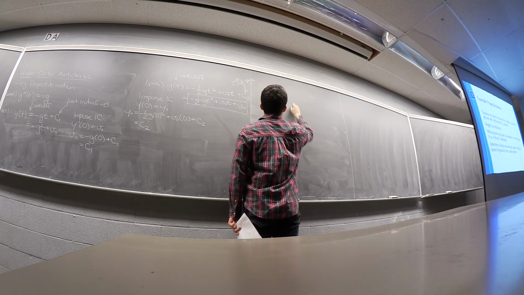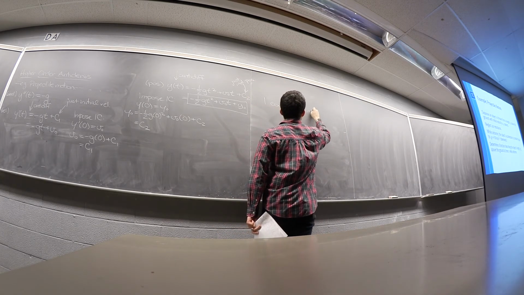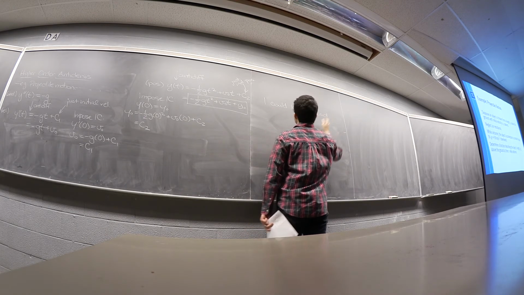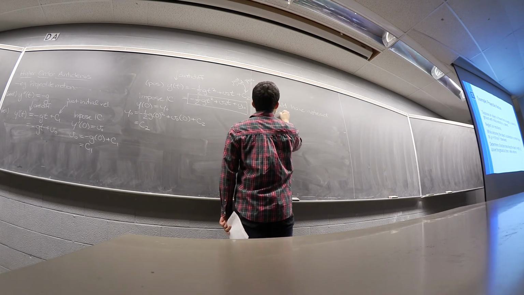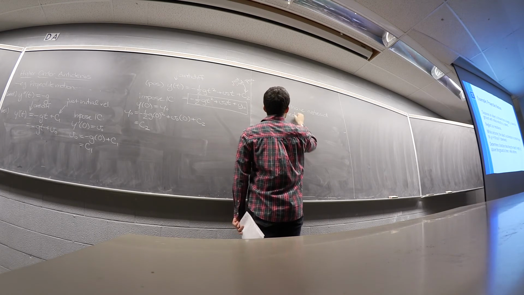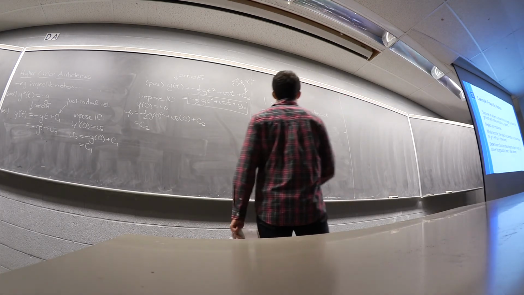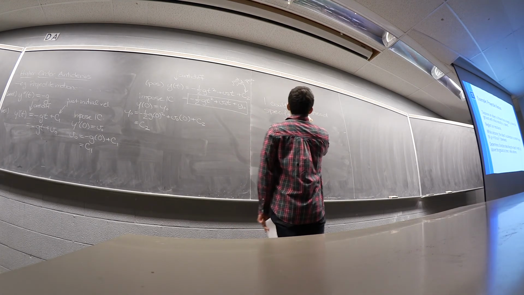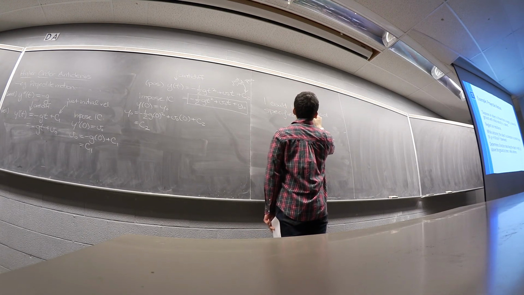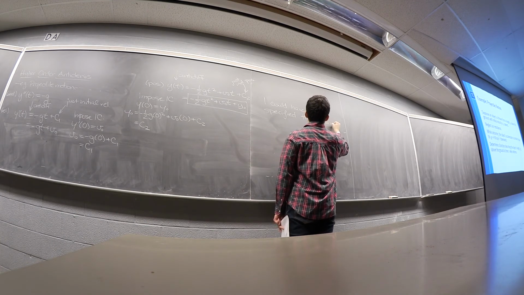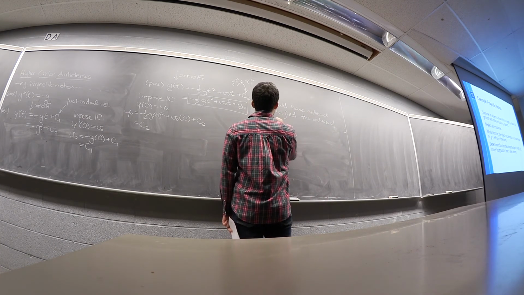I could have instead specified the velocity and the position at some other time other than 0, or I could have specified the values of y at 2 different times.